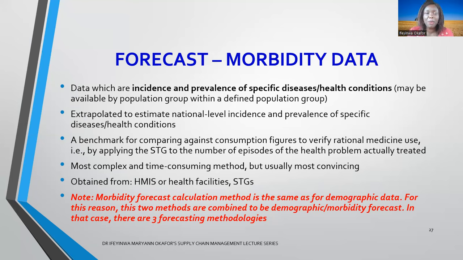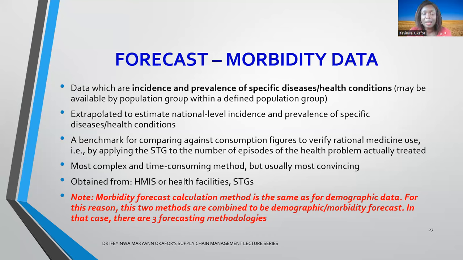This may be available by population group within a defined population group, and it can be extrapolated to estimate national level incidence and prevalence of specific diseases and health commodities. It serves as a benchmark for comparing standard consumption figures to verify national medicine usage, for example, by applying the standard treatment guide to the number of episodes of the health problem actually treated.